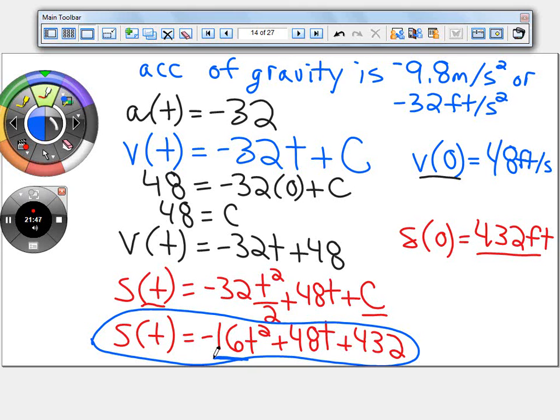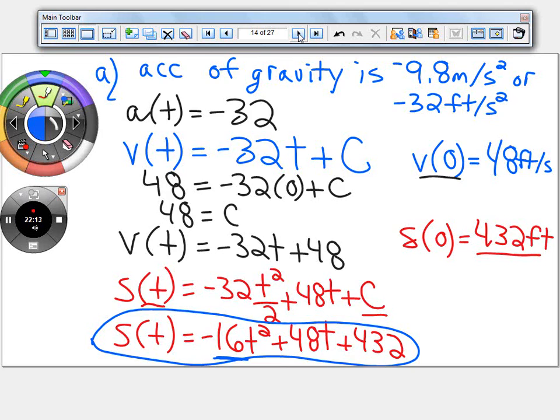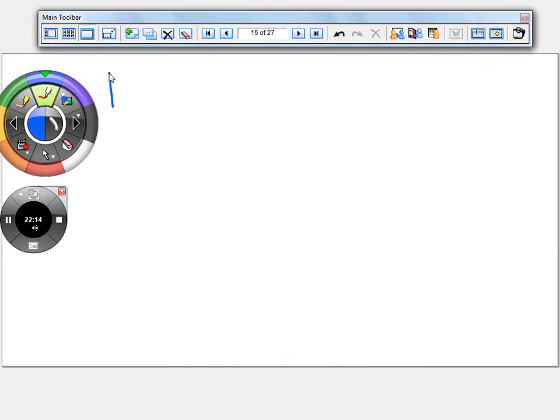So let's just quickly answer the last couple questions and call it good for this one. All right, so one of the questions, part B, this is all part A. Part B, it said, when does it reach the maximum height? So now that you have the function, it would be pretty easy.